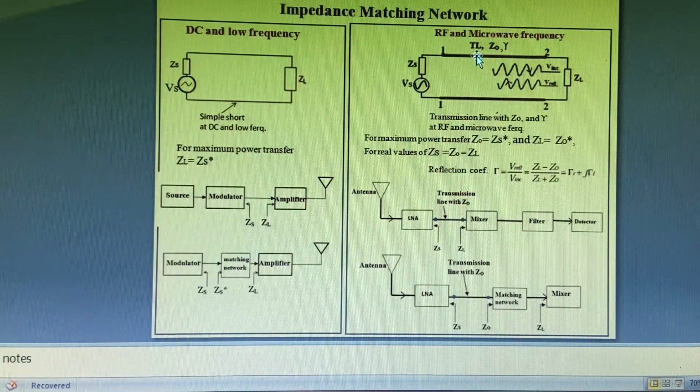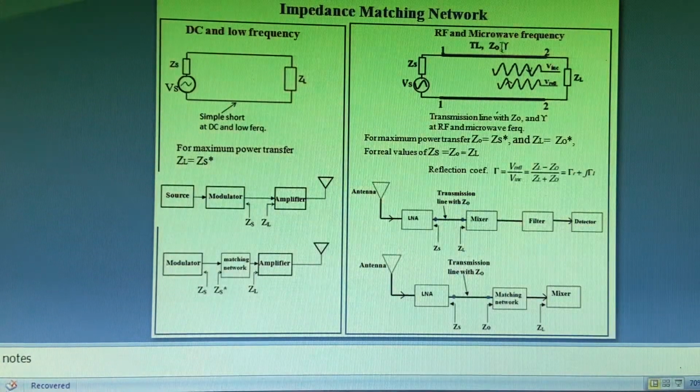In such a case, for maximum power transfer, Z0 must be the complex conjugate of Zs, and ZL must be the complex conjugate of Z0. If this condition is satisfied, then only the maximum power will be transferred to the load ZL.